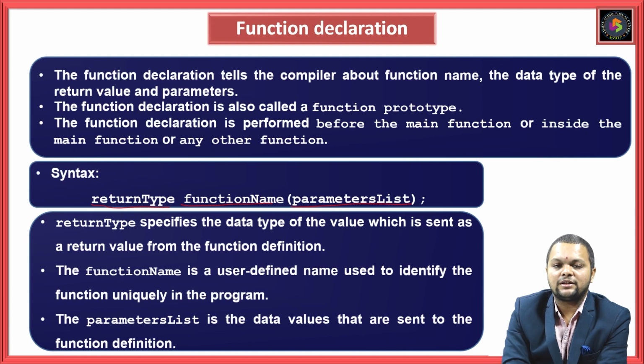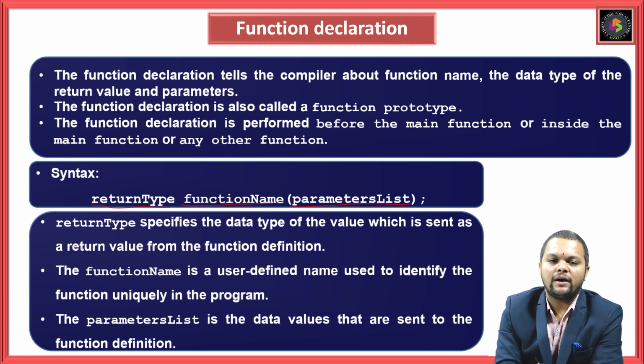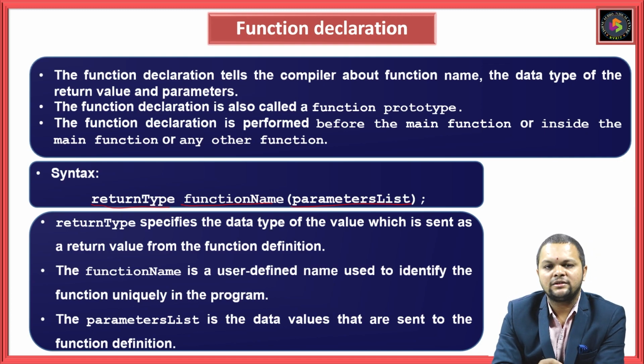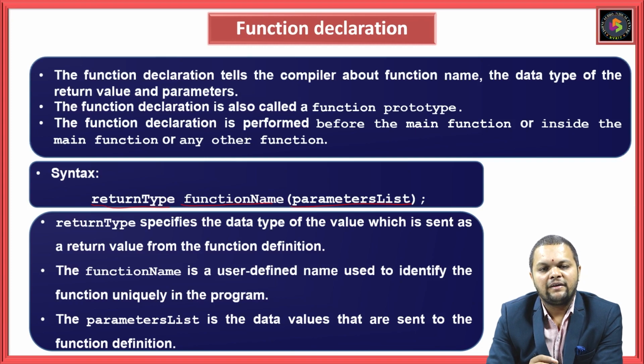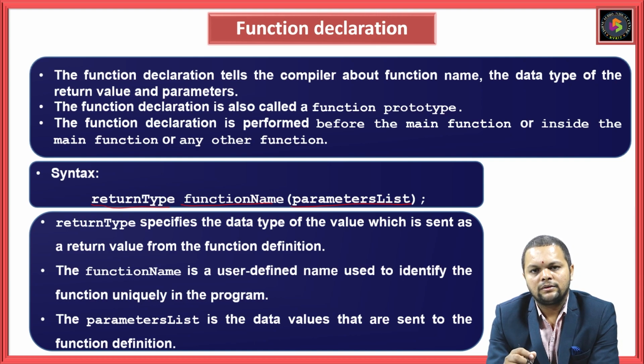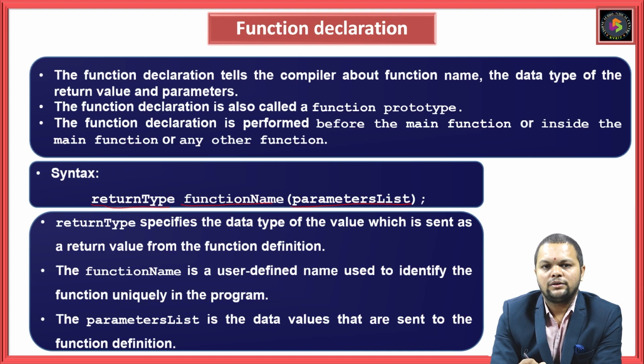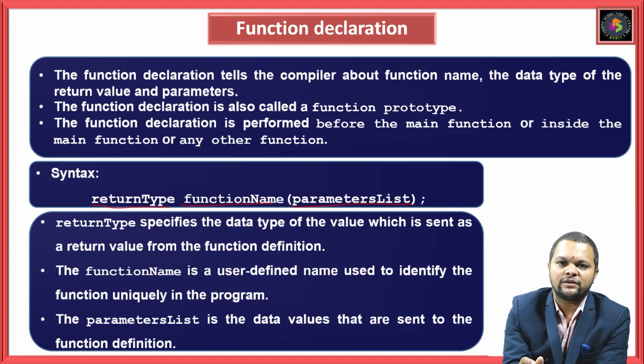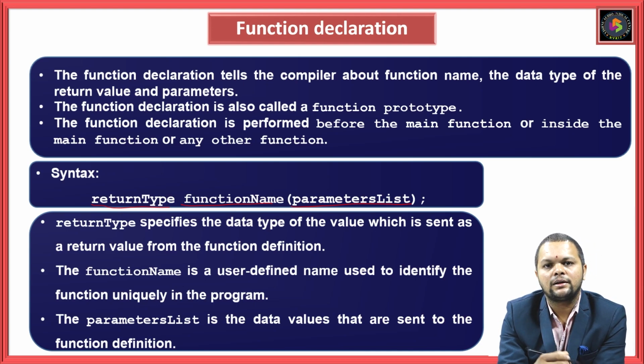Return type is nothing but, if I am using this mouse and I am clicking the left click, I should get a click on the screen, or something should open on the screen. That means it is returning me something. If I am using a particular function, that should return a particular value. If it is not returning, that is a different classification.